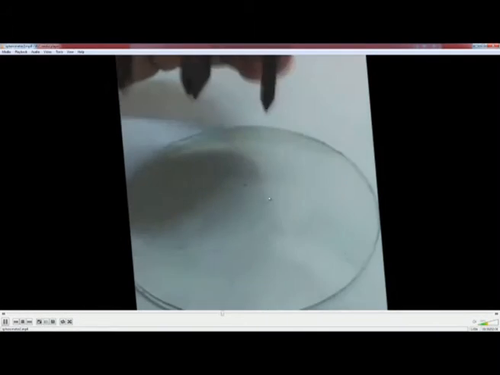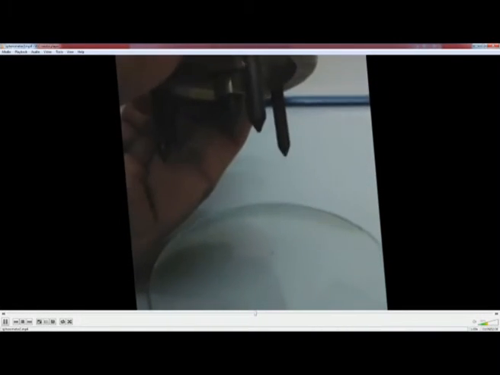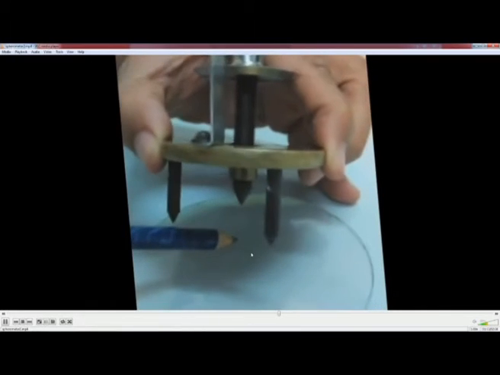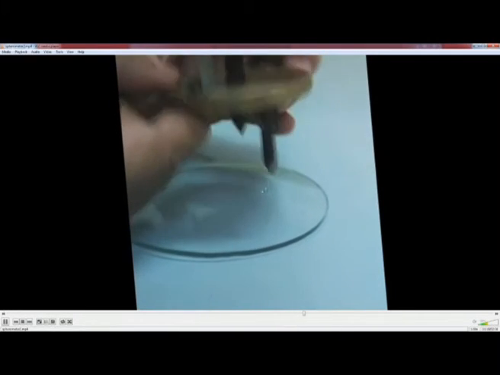Now, you can see we are measuring the radius of curvature of a convex lens. The screw should be withdrawn slightly and then the spherometer should be kept at the center. Screw end should be at the center. The 3 legs are in contact with the lens.